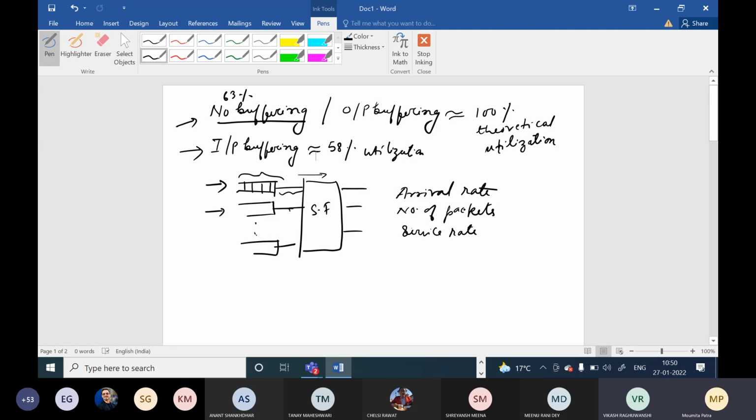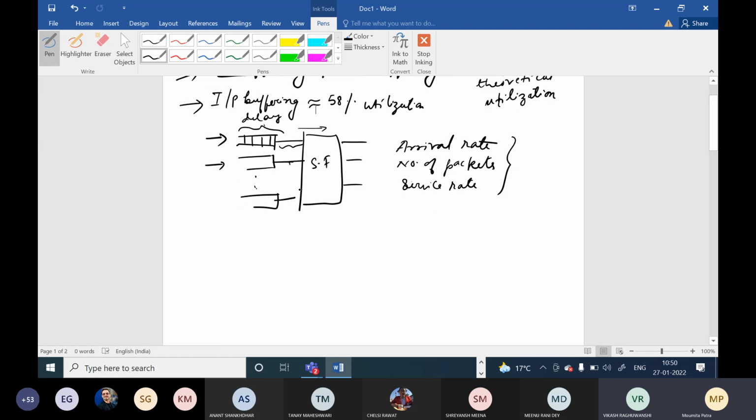These are the factors which will affect your analysis of the theoretical utilization. But how do we find this out? We need to find out the delay here, the number of packets waiting, and how many packets can be sent out from this particular port. We need some way to get a hang of how this switch is going to work.